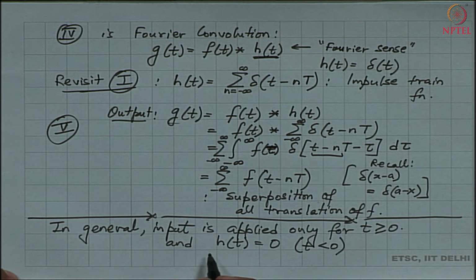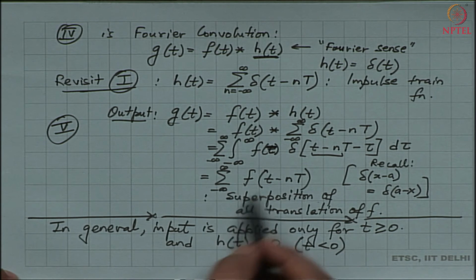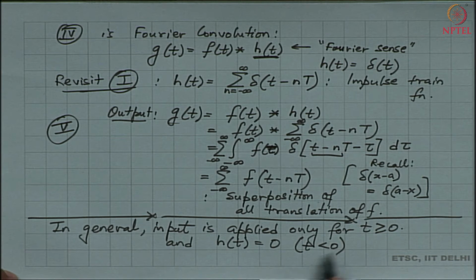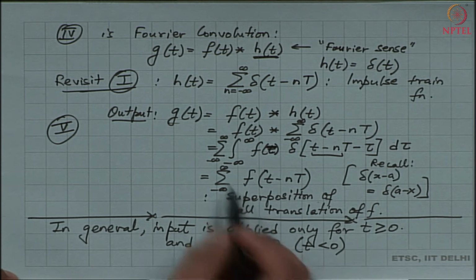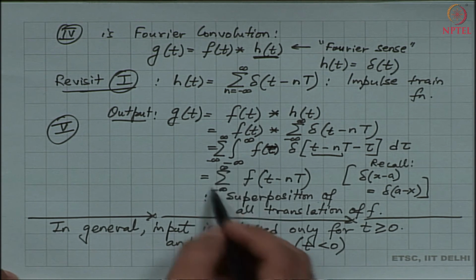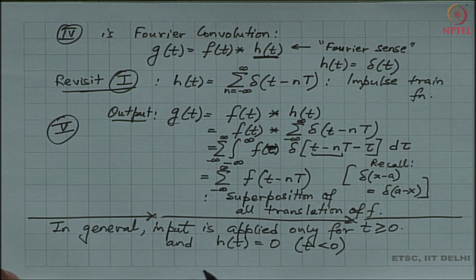The input is applied in such a way that, if I were to retain this sum, my unit impulse response functions are taken to be 0 in the negative time interval. So, then I can extend this particular case to the case discussed by expression 5.